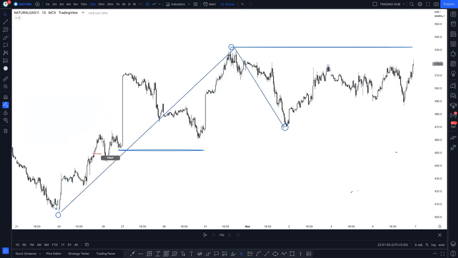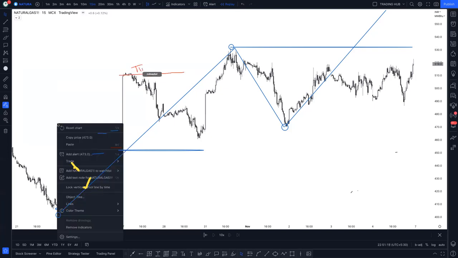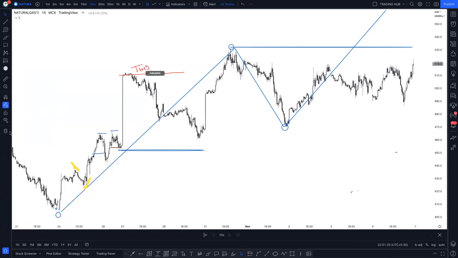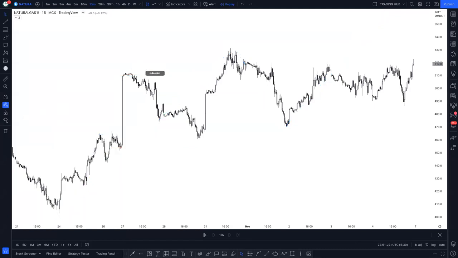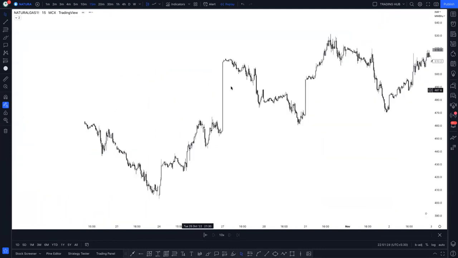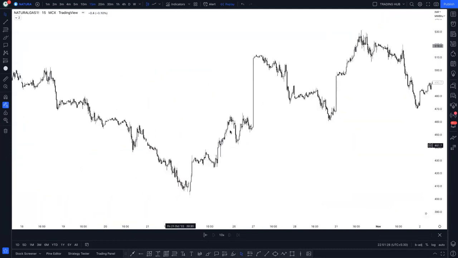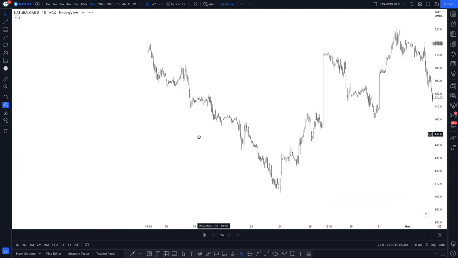This and this and this. I think these are very minor, like this confirm but sweep. Let's see. If you mark this with a CHoCH or BOS, then look at the left side structure.